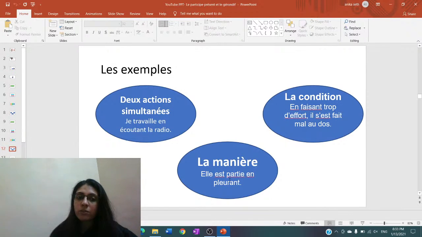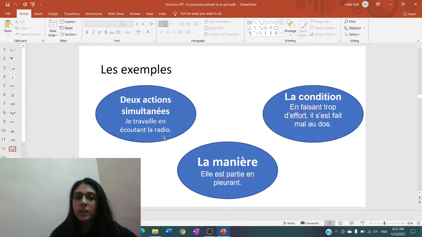So one of the ways to see whether we have to use the gérondif or not is by asking the question "comment" in these sentences. Now see over here, je travaille en écoutant la radio. If I ask, comment travailles-tu?